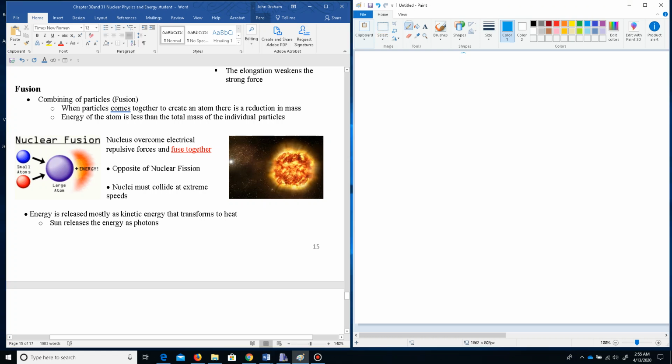So we have one nucleus moving at a very high speed, and it hits another nucleus also moving at a very high speed. So you have these two nuclei moving at very high speeds, and they fuse together into one large atom.